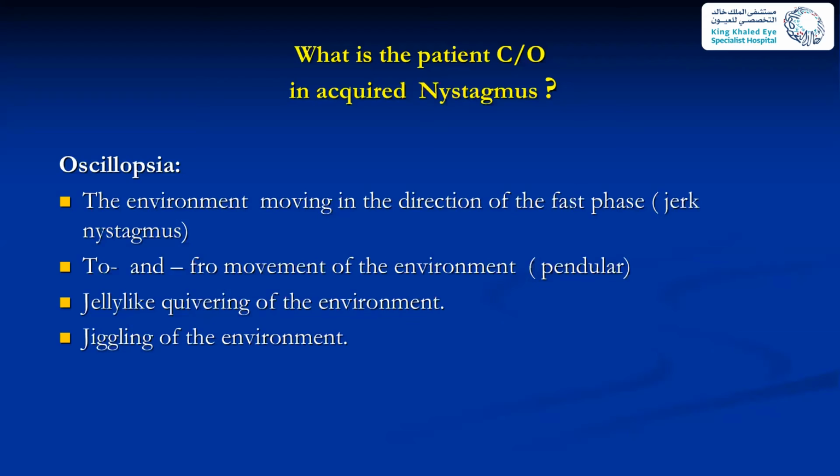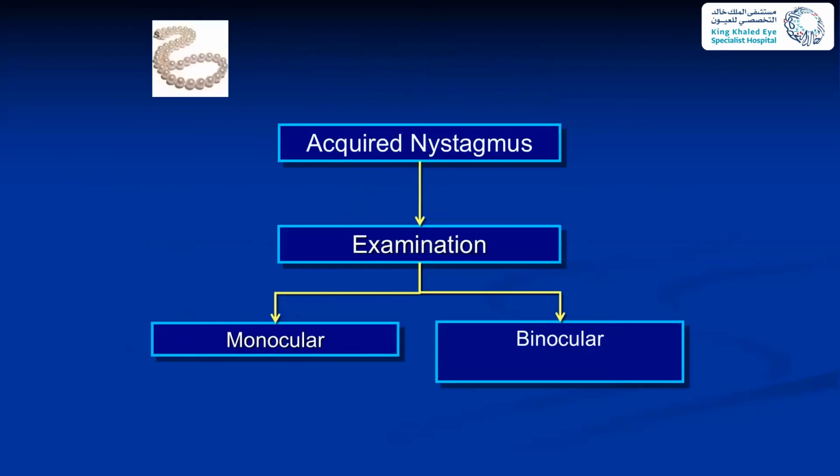Or he will say jelly-like quivering of the environment, juggling of the environment. Sometimes they feel dizzy and they cannot describe it, they're just feeling dizzy because things are moving in front of them. So this is the complaint of a patient with acquired nystagmus.